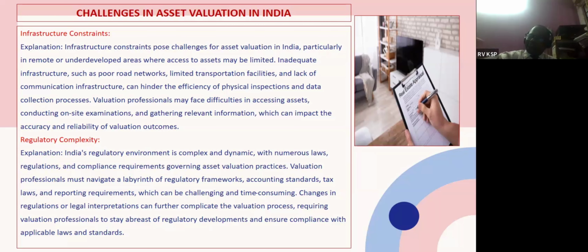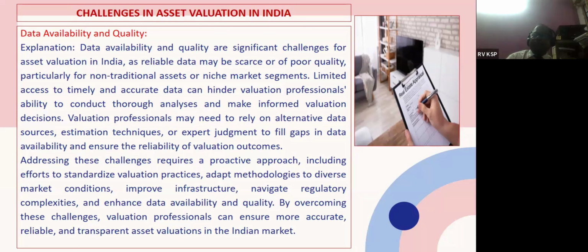It's always like that. We'll have to be more careful. Ability to conduct thorough analysis and make informed valuation decisions. If all data is available, your work will be very easy. The valuation professionals may need to rely on alternative data sources and estimation techniques or expert judgment to fill the gaps in data availability and ensure reliability of valuation outcomes.